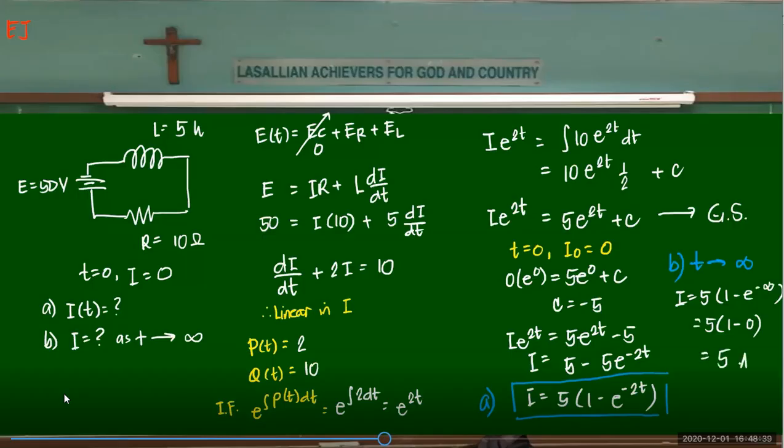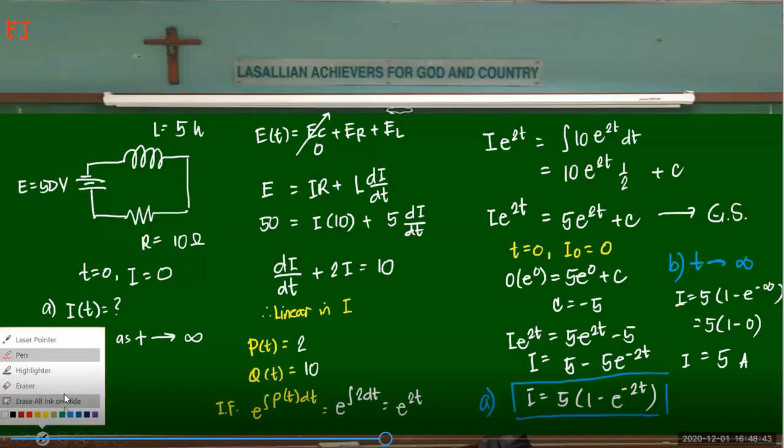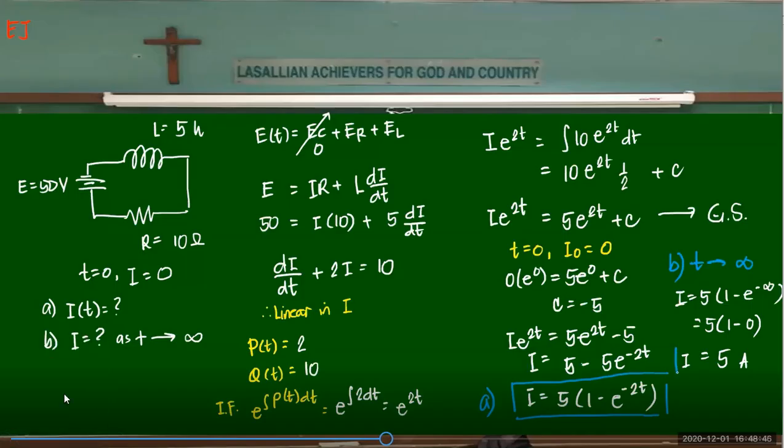So 5 amperes is your current. That means when time goes on and on, eventually the current flowing through the system is 5 amperes.